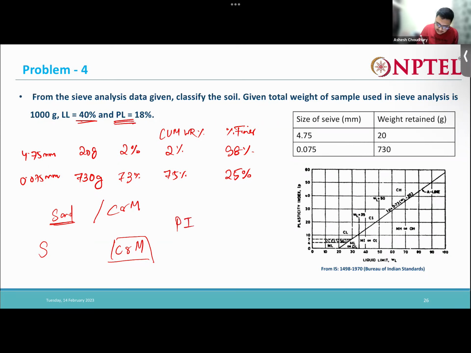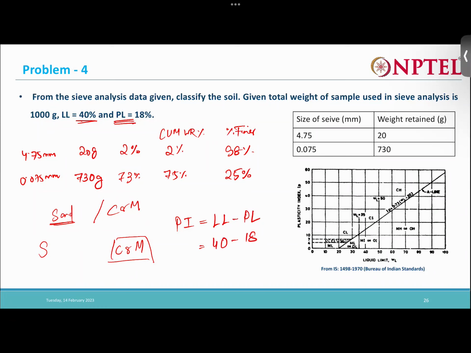Tell me the plasticity index. Plasticity index is liquid limit minus plastic limit, 40 minus 18, which is 22%. Correct. This is my plasticity index.